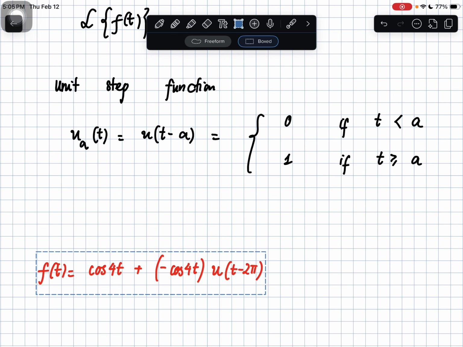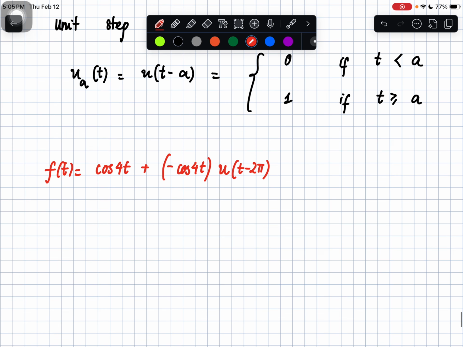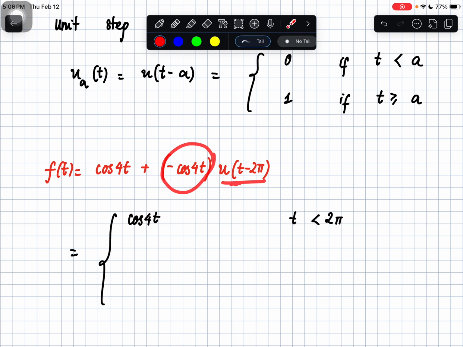Here I can quickly check, so we can verify what we wrote right here. When t is less than 2π, the first term is still cos(4t). The second term is this one times 0, because the definition of the unit step function is 0 when t is less than a, t less than 2π. That's why for t less than 2π it is cos(4t).